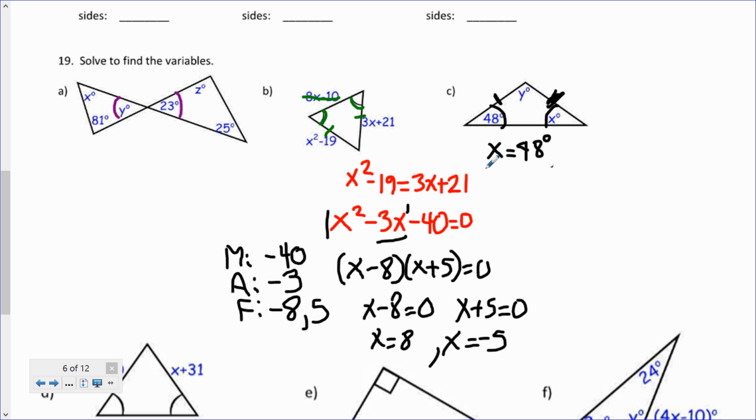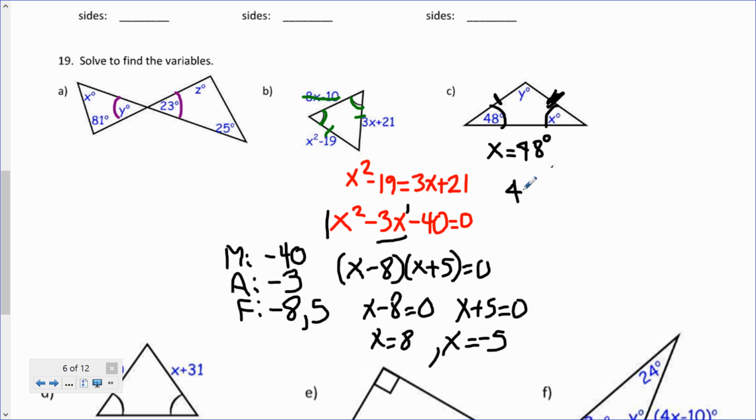And I know that only because I know that this is an isosceles triangle and the two base angles are congruent. To figure out y, you just add up the three angles and set them equal to 180 degrees.